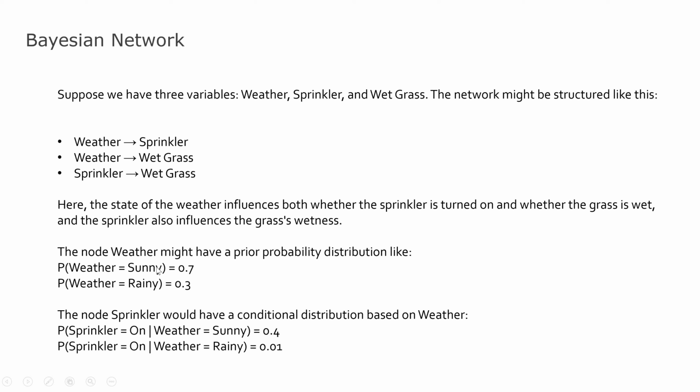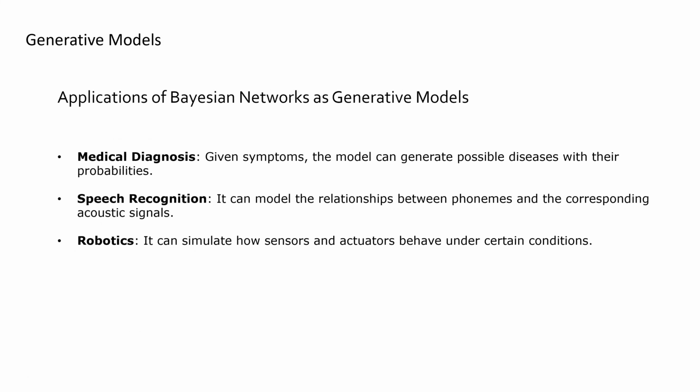So we are thinking mainly about the probability. For cloudy weather, the probability becomes around 0.8, maybe that will be rainy. Sprinkler on and the weather is sunny has probability 0.4, and sprinkler on and the weather is rainy has probability 0.01. So this is how the probability works in the Bayesian network.